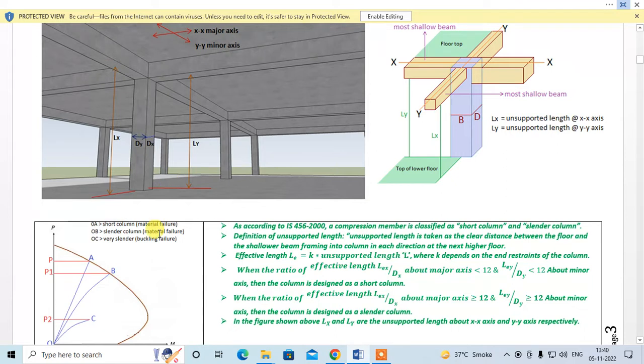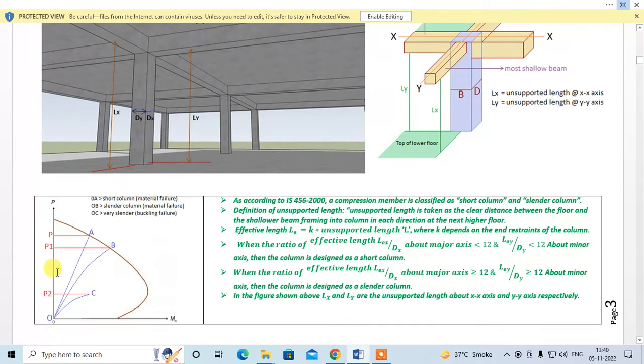This figure gives information regarding the type of failure. Over here the line OA specifies that the short column undergoes a material failure, OB shows that a slender column undergoes a material failure, and OC shows that a very slender column undergoes buckling failure.